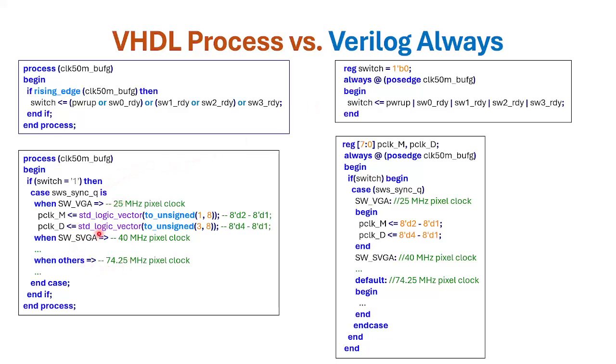You see here on the lower side a more complex example where in VHDL you would have a process with an if statement inside which you would have a case statement that would have a couple of different branches, like so. When SW underscore VGA, then do these two signal assignments.